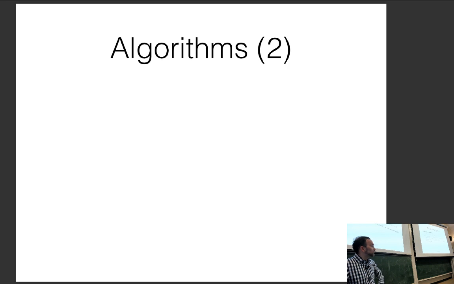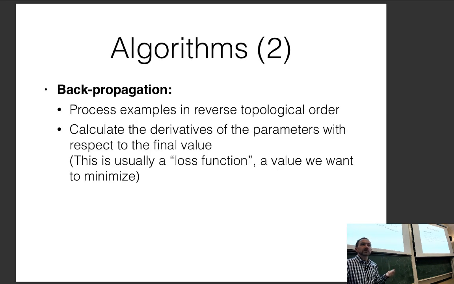However, what becomes very important is the gradient calculation, because this is what allows you to actually learn parameters. So what the gradient calculation does is it does backpropagation, where you process examples in reverse topological order and calculate the derivatives of the parameters with respect to the final value.